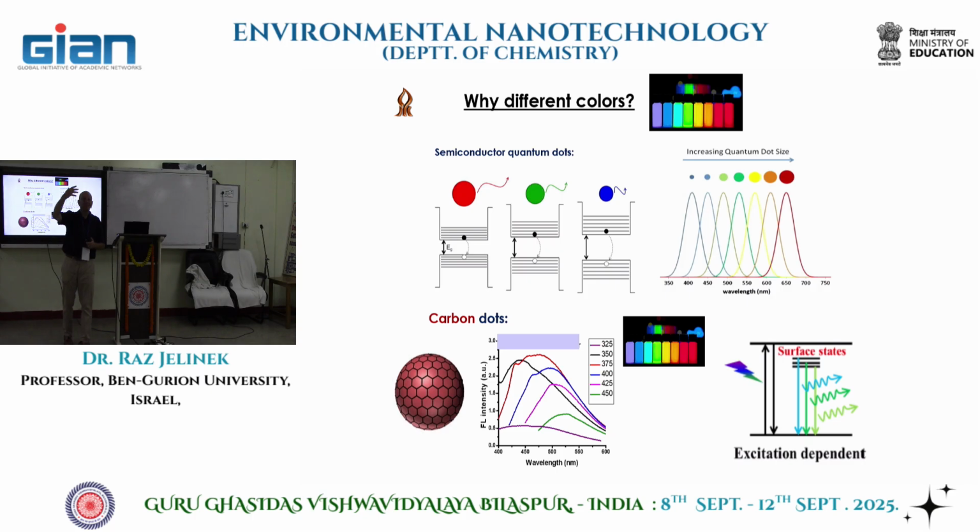When you excite the electron from the core to the surface, and because the carbon dots are so small, you can get visible color. And the reason you have different colors is because the surface of the carbon dots is not completely uniform. You have various chemical groups on the surface that give you different colors. So this is very interesting.